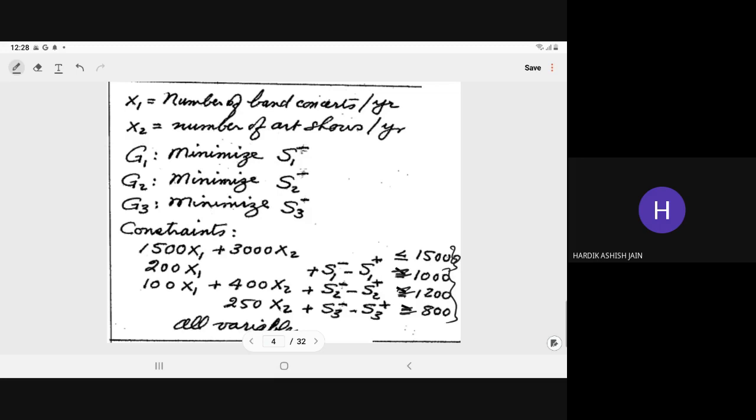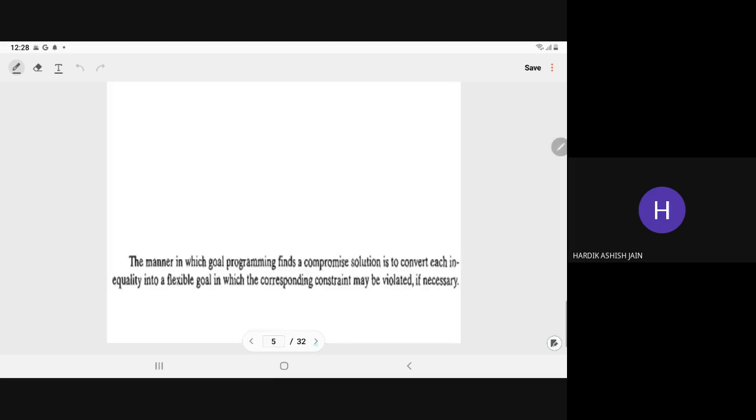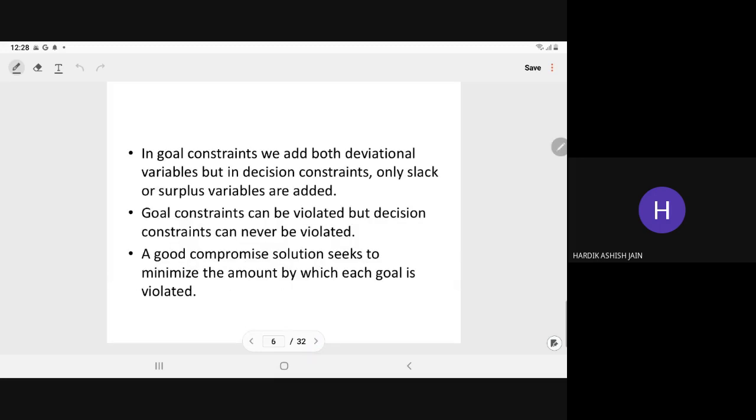Your expenditure cannot be more than 15,000. The good compromise solutions seek to minimize the amount by which each goal is violated. Means if a goal is violated, that deviation should be minimum.